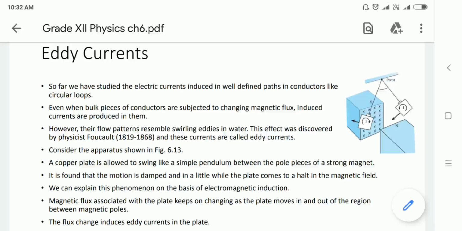generated. While the plate is coming inward within the magnetic field, the current direction is reversed, and while the plate is moving from the center to the outward side while swinging, again the current direction within that conductor is reversed. Flux variation is there, moving out or coming in.